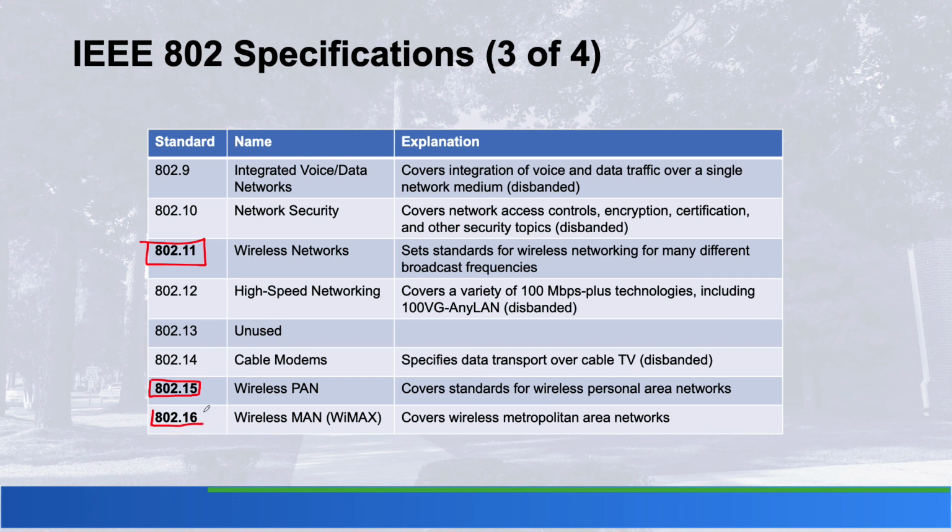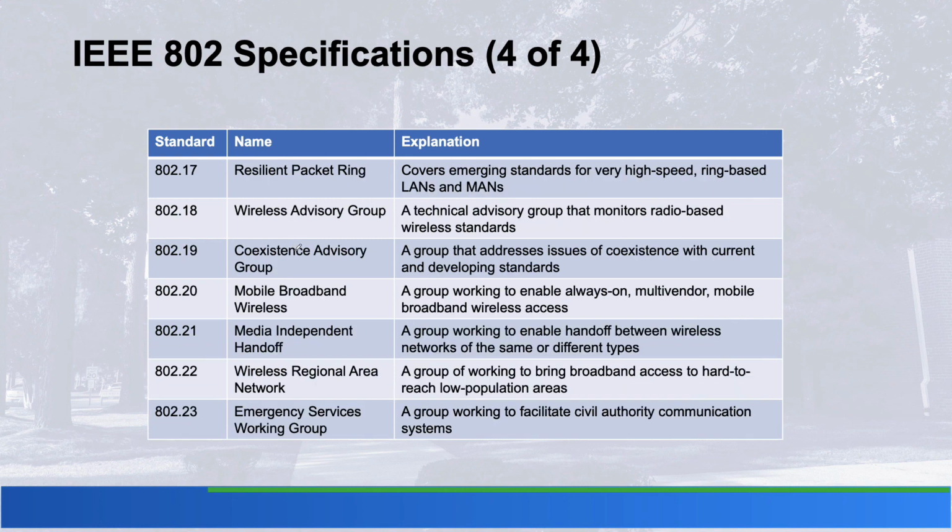WiMAX, we'll talk about that, 802.16. Each one of these standards has to do with the frequencies we can use and the encoding methods we can use when we transmit over wired and wireless networks. And if we follow those standards, like I said, our stuff will work with other manufacturers' stuff.